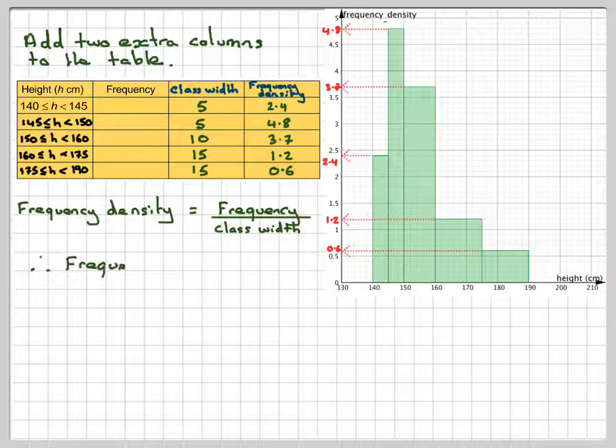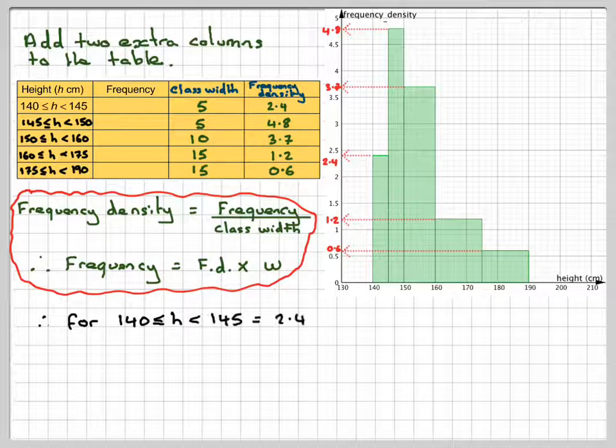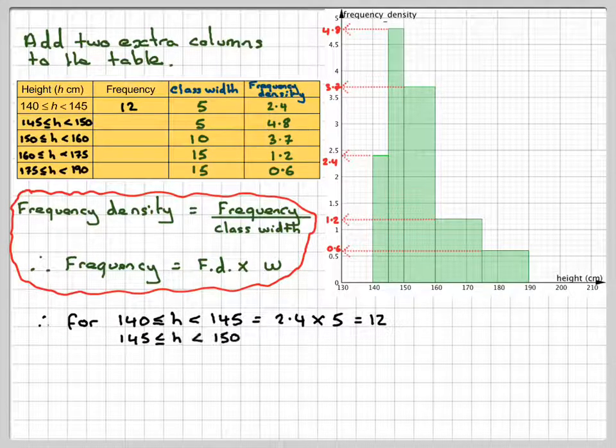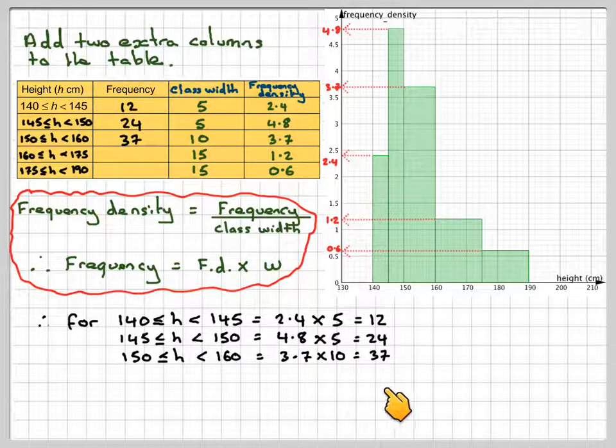So working backwards, the frequency will be the frequency density times the width. So working those each out, for 140 to 145 we need to do 2.4 times 5, which is 12. For 145 to 150 we need to do 4.8 times 5, which is 24. From 150 to 160 we do 3.7 times 10, which is 37.